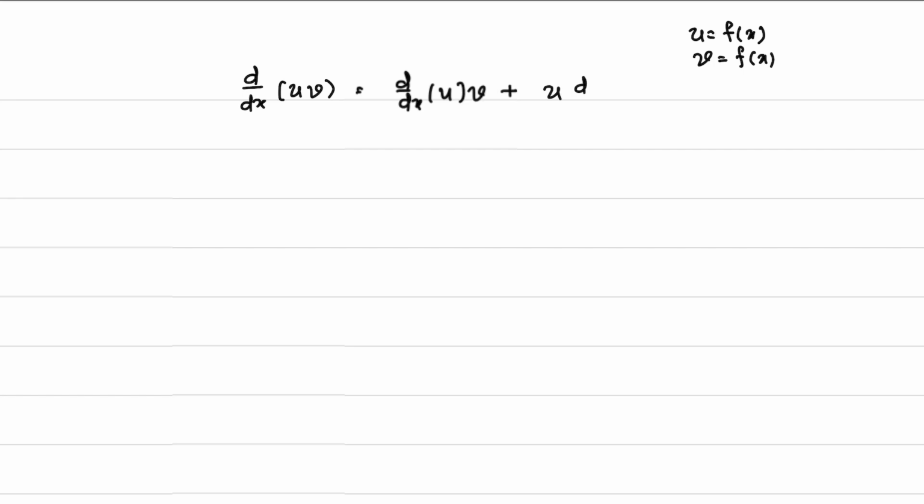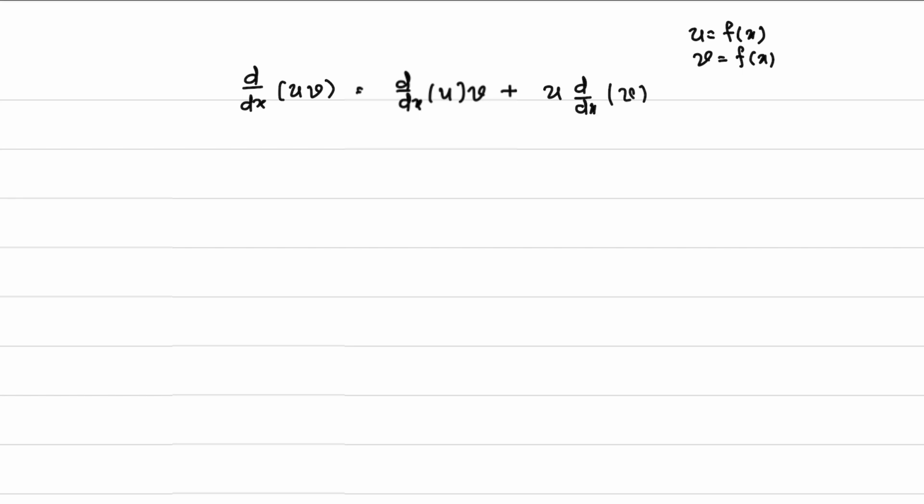When we consider, from the basics of differentiation, d/dx of a product of functions: if u is a function of x and v is also a function of x, then d/dx of uv is equal to d/dx of u into v plus u into d/dx of v.